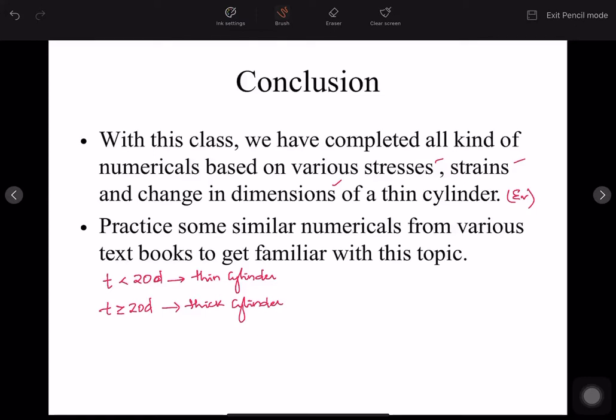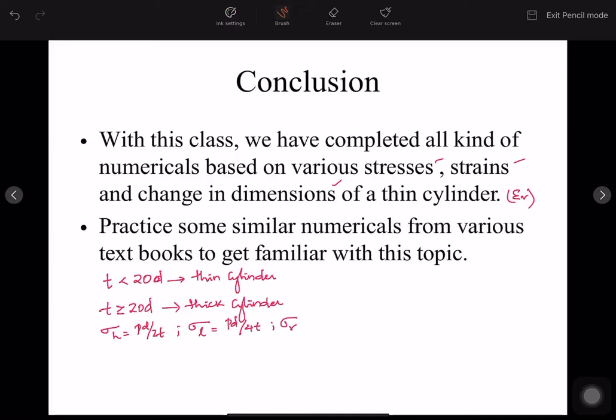And next we discussed the hoop stress, or circumferential stress, and longitudinal stress. So hoop stress is PD by 2t, longitudinal stress is PD by 4t, and we have seen one more stress which is known as radial stress.